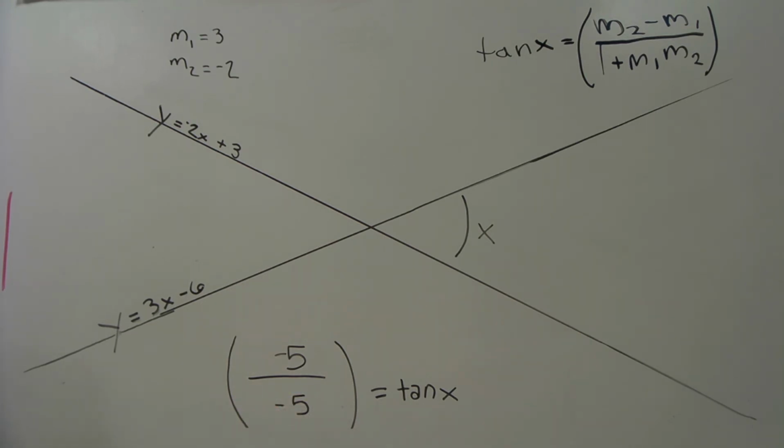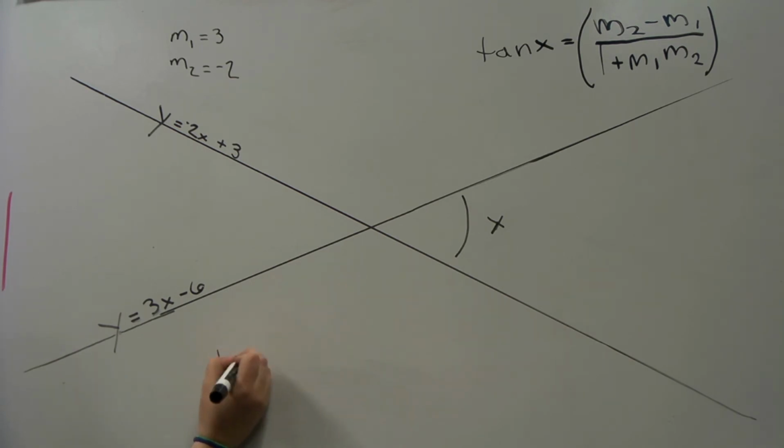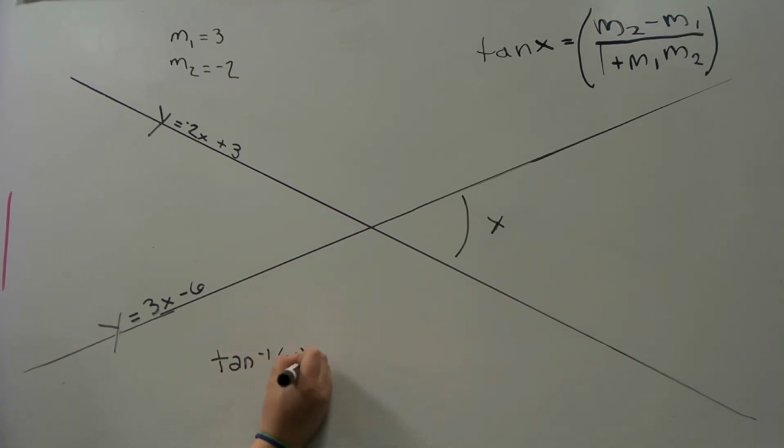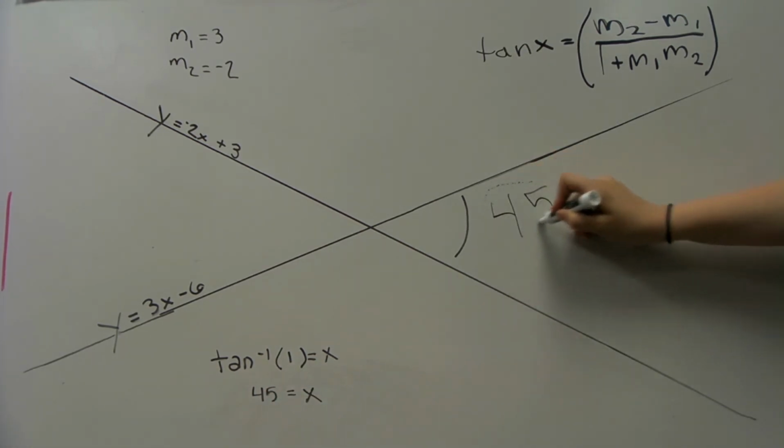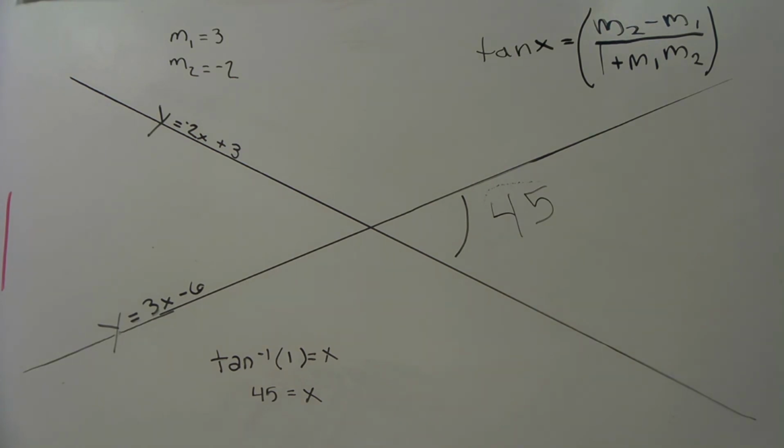And as we should all know, negative 5 over negative 5 equals 1. So we have 1 equals tangent of x. So to reverse it, we inverse tangent both sides. So the inverse tangent of 1 equals x. The inverse tangent of 1 is 45, making our x value 45. So our angle between the two lines is 45 degrees.